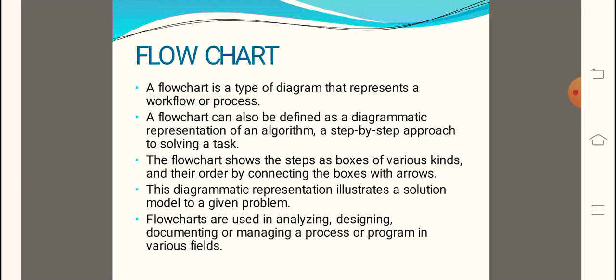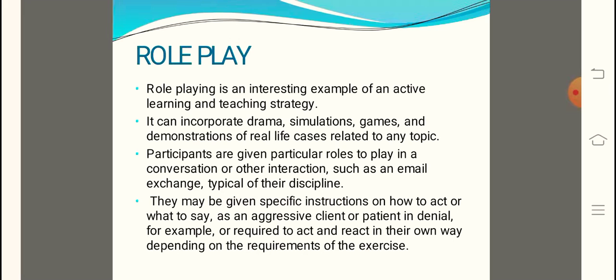This diagrammatic representation illustrates a solution model to a given problem. Flowcharts are used in analyzing, designing, documenting, or managing a process or program in various fields. That's all about flowchart.